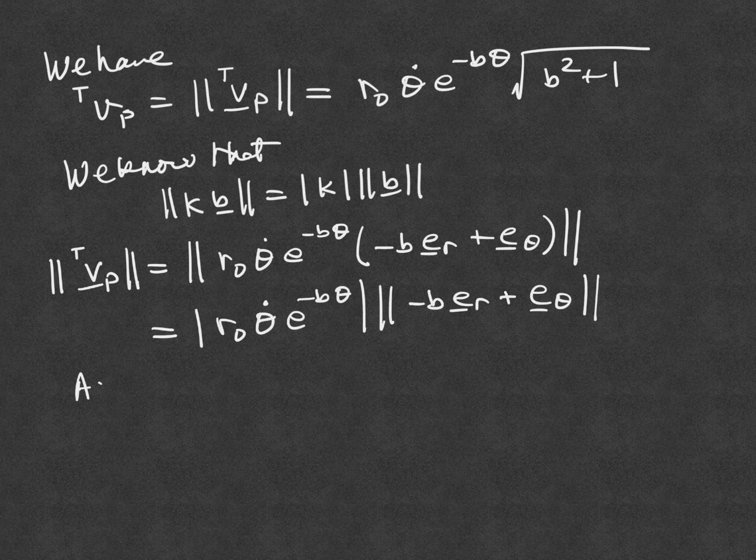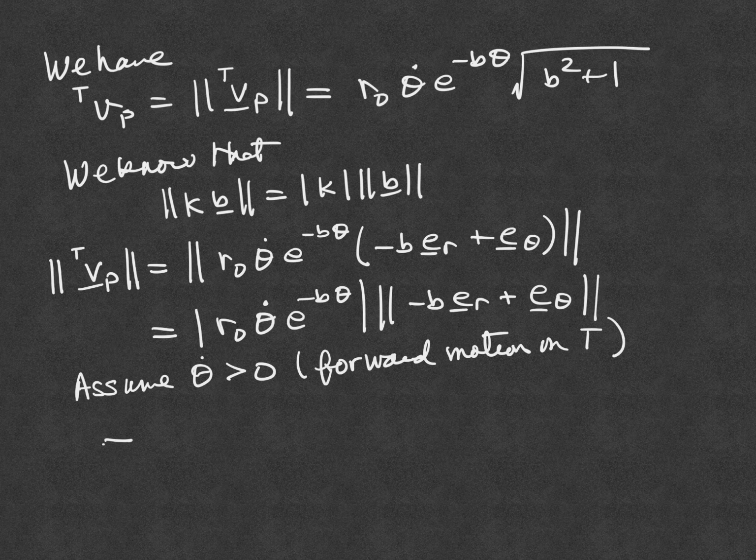Now, if we assume theta dot is greater than 0, which means the particle is moving forward on the spiral, so that's forward motion on the track, then that implies that the absolute value of r0 theta dot e to the minus b theta is just equal to r0 theta dot e to the minus b theta.